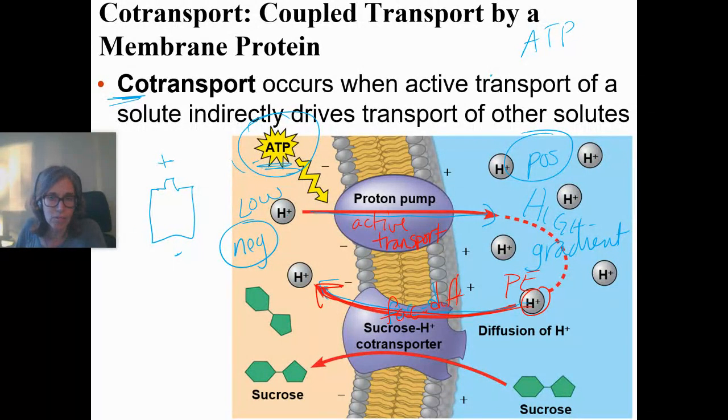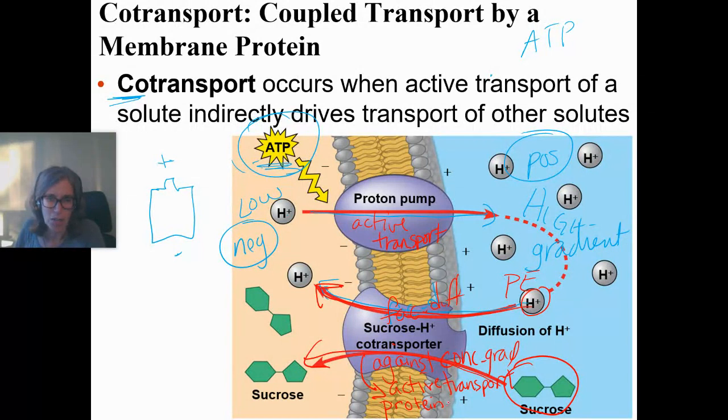And when that energy is released, it's used to take sucrose, sugar, and shove it against its concentration gradient. So this part of the transport would actually be active transport. So against concentration gradient. And so this part, what's happening here, is active transport. And so this part of the transporter is really a protein pump.